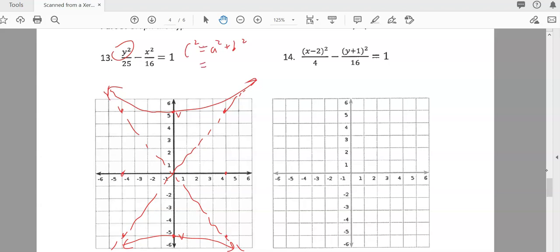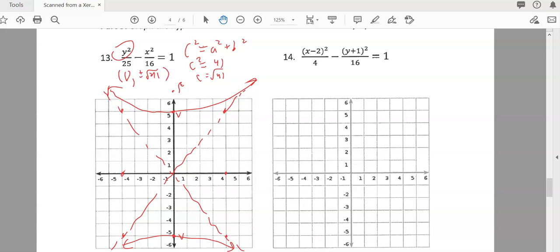So 25 plus 16 is 41. So c equals square root of 41. So I'd go square root of 41 up, which is like 6 point something, and that's a focus point, and then 6 point something down. The ordered pairs would be 0, comma, plus or minus square root of 41.